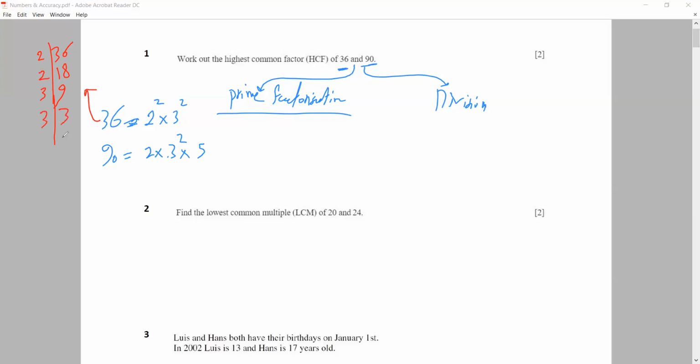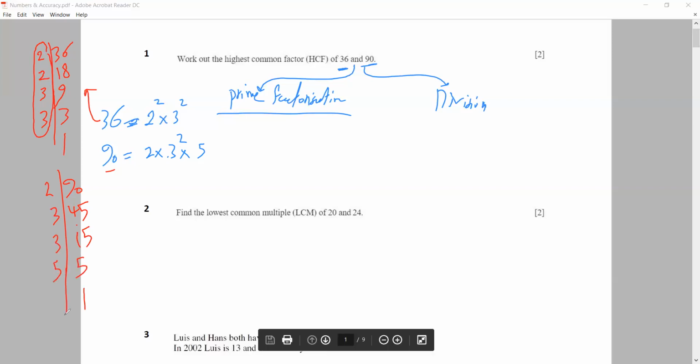You divide that by 3 one more time, you get 1. So 36 is 2 times 2 times 3 times 3, which I can write in exponential format, right? Same thing for 90. You can do that here quickly. 90 divided by 2 is 45, 45 divided by 3 is 15, divided by 3 is 5, divided by 5 is 1.